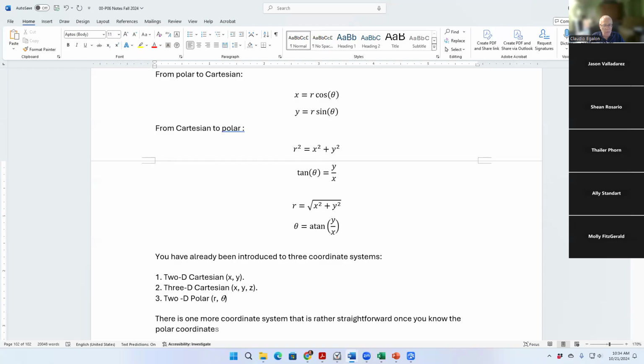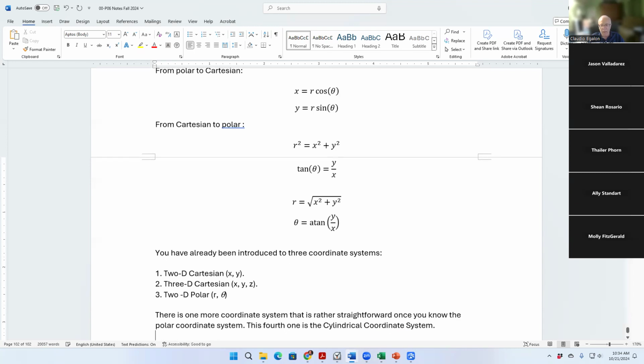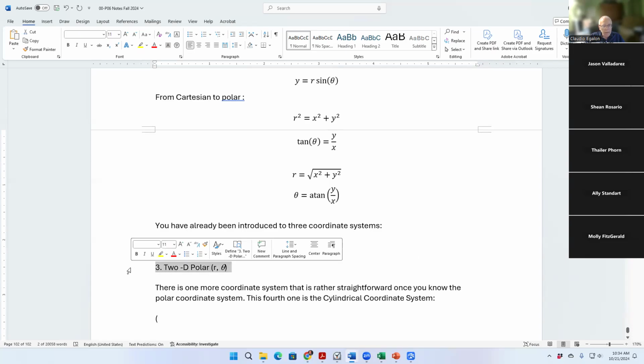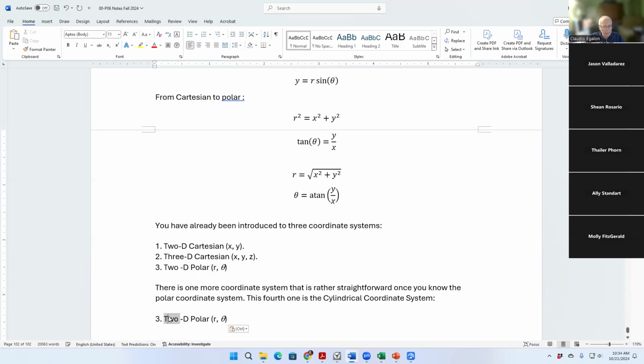This fourth one is the cylindrical coordinate system, which is going to be given by r, theta, and z. 3D cylindrical: r, theta, and z.